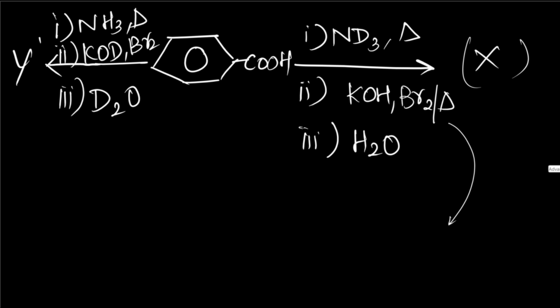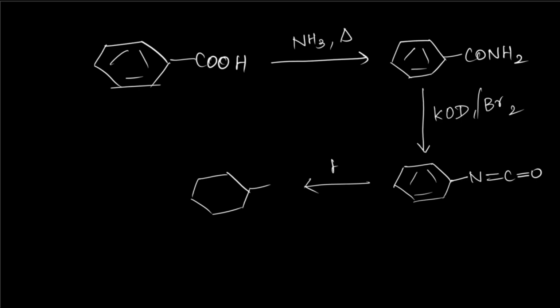Okay, I'm doing it for Y. So with D2O, which will form, instead of H I'm having D. So it would be ND2. Okay, so this is my Y.